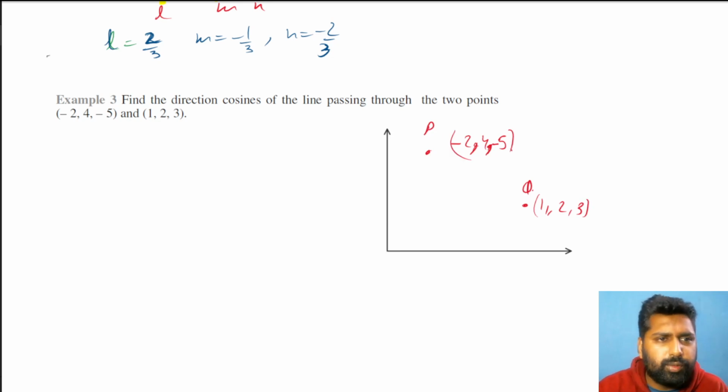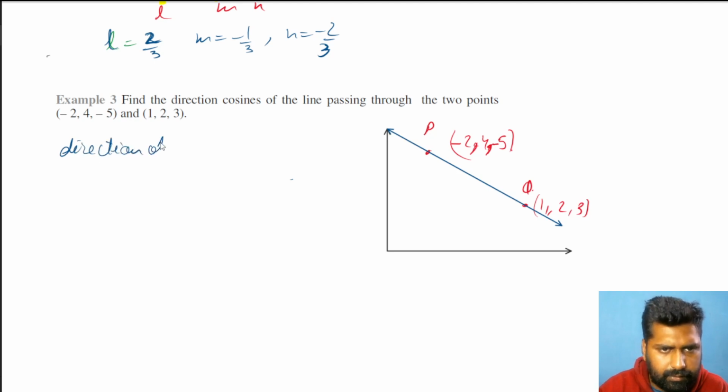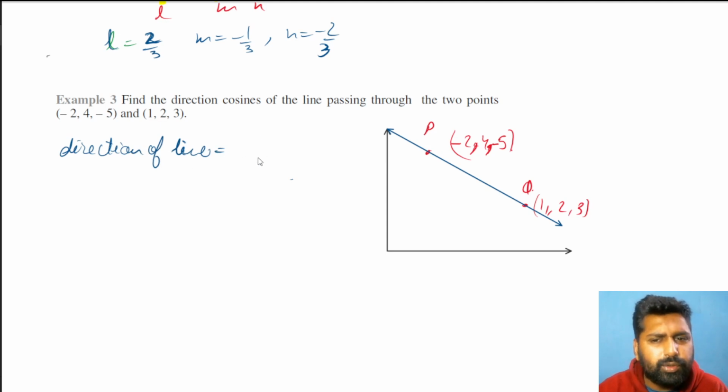Now that you have two points, the line passing through them will be like this. So if I ask you what is the direction of the line, will you say it's from P to Q or Q to P? Your call. It won't make any difference. But for simplicity, let's take PQ.